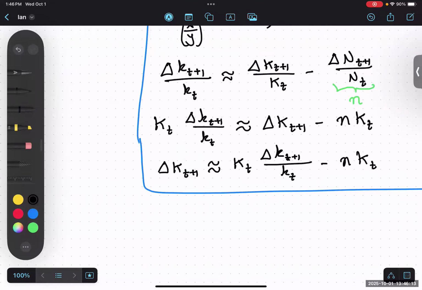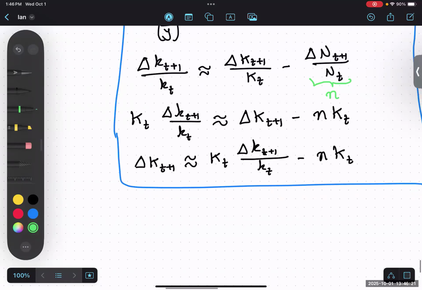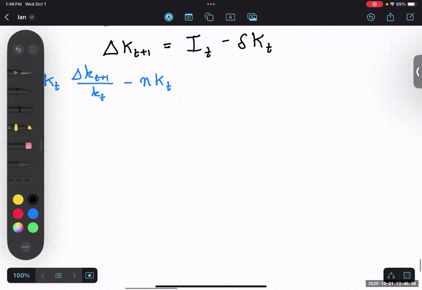Oh, by the way, I just realized that I had a mistake because the step that I did on the left-hand side was to subtract, sorry, nkt, right? Which means that the moment I add nkt on the left-hand side, this should be positive. Sorry, that was my bad.